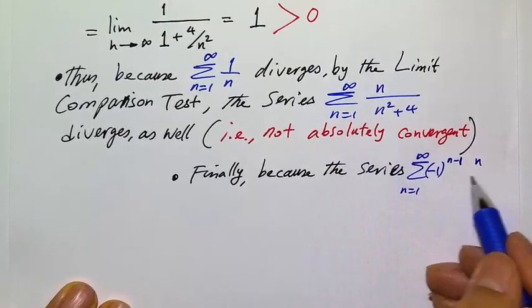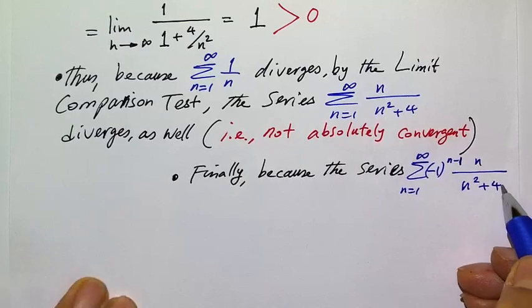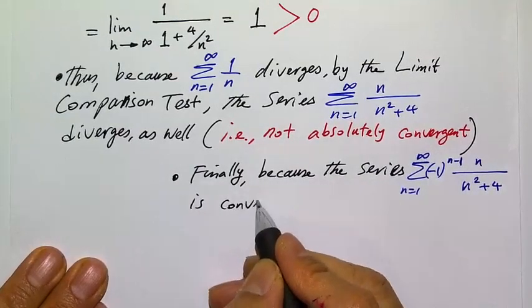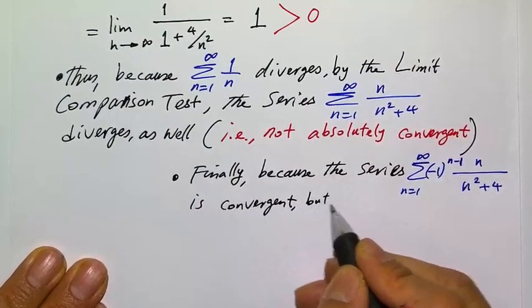Not that one, but the alternating series is convergent but not absolutely convergent.